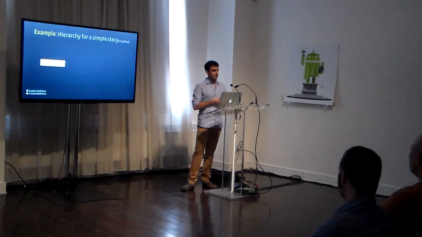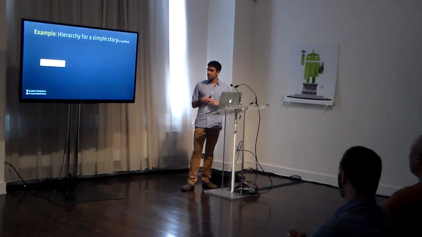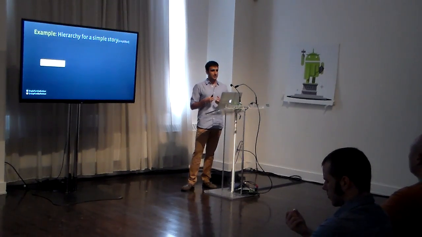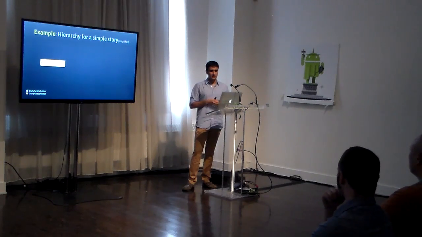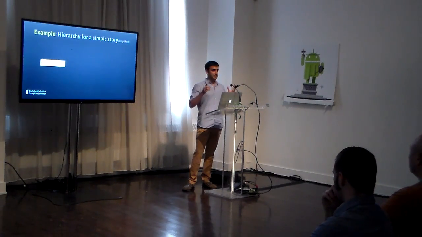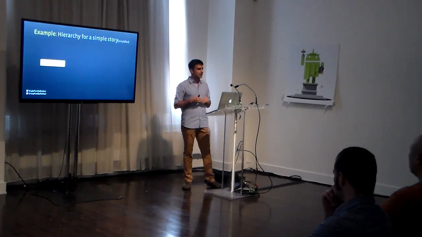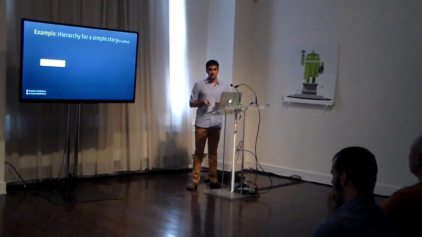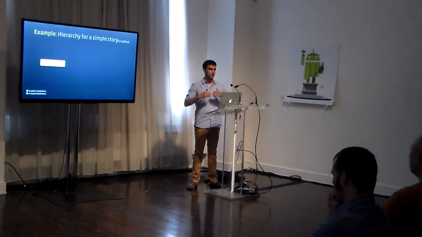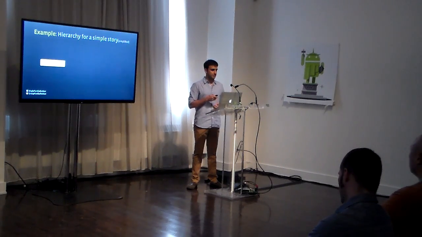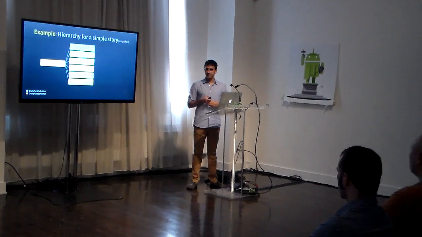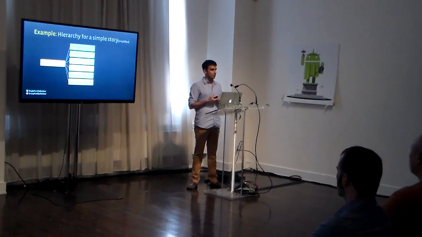So how does this work in practice? Let's say we have our simplest story and we want to create a unit adapter for it. We'll have one main group part definition, which is called basic group part definition. When we want to build the unit adapter, we start recursively working our way through the hierarchy of the part definitions. We'll look at basic group, get all its children, and figure out that these are the children the basic group has.